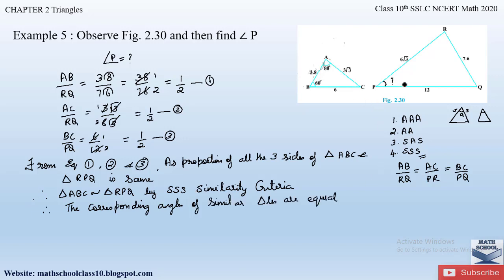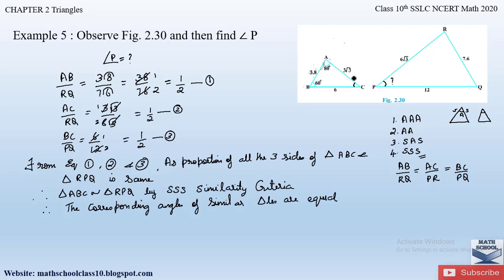So from these two triangles, which are the similar triangles? Since we took the proportion of AB by RQ, so let us take the opposite angles of these two sides. Angle opposite to AB is angle C and angle opposite to RQ is angle P. So these two will be the corresponding angles. Similarly, the angle opposite to the side AC is B, and which was the other side RP, right?